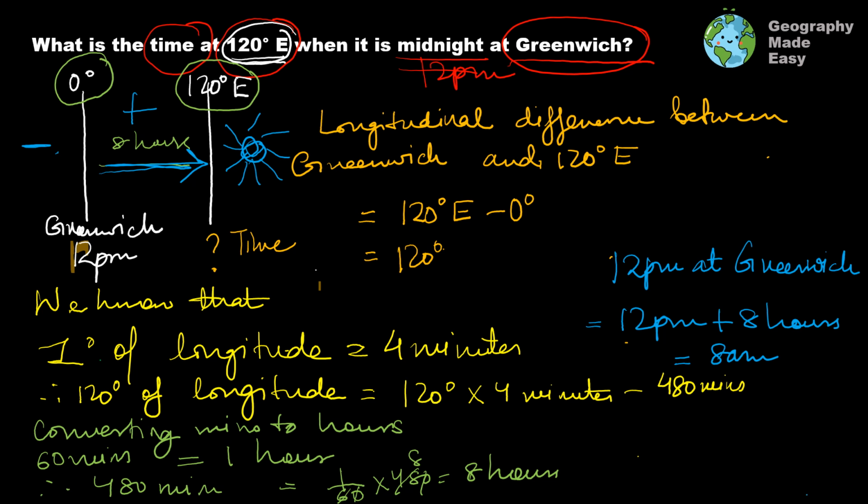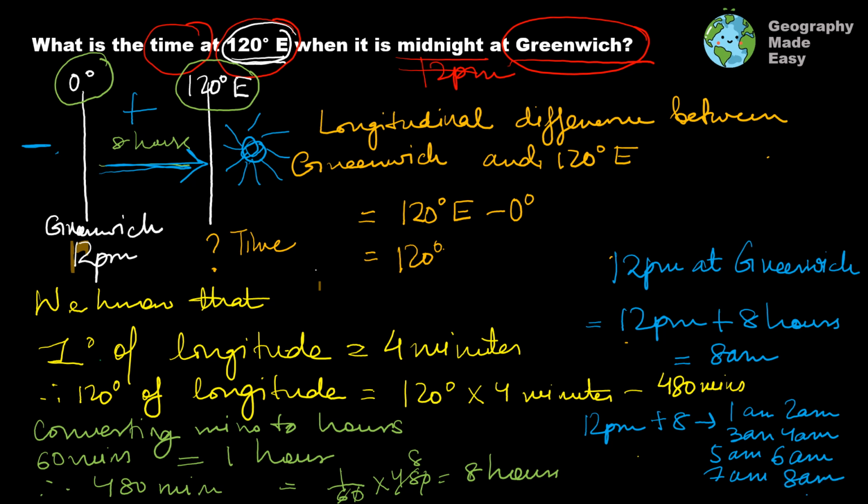Right? So I'm just writing this down. 12 p.m. plus 8 is the number of hours: 1 a.m., 2 a.m., 3 a.m., 4 a.m., 5 a.m., 6 a.m., 7 a.m. and 8 a.m. And you don't need to show this working in the examination.